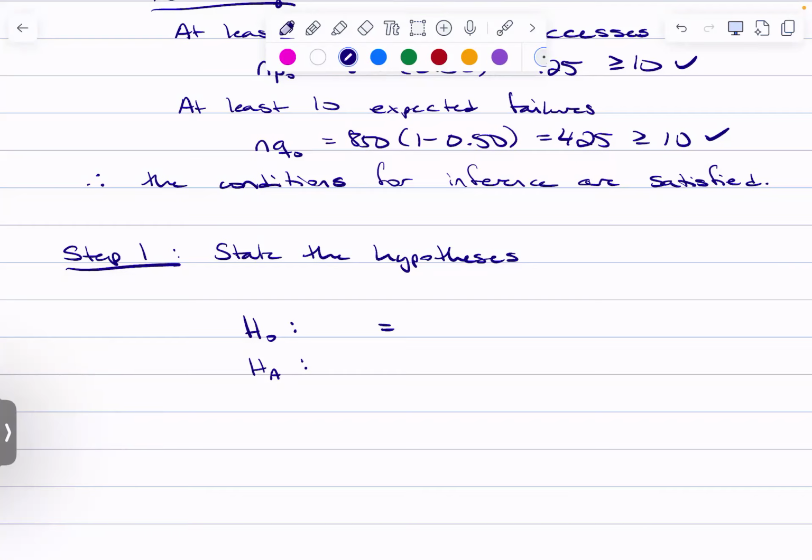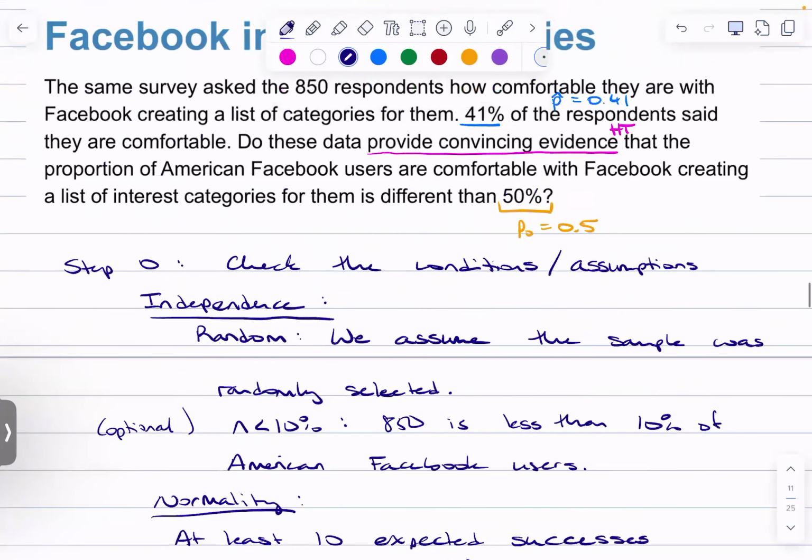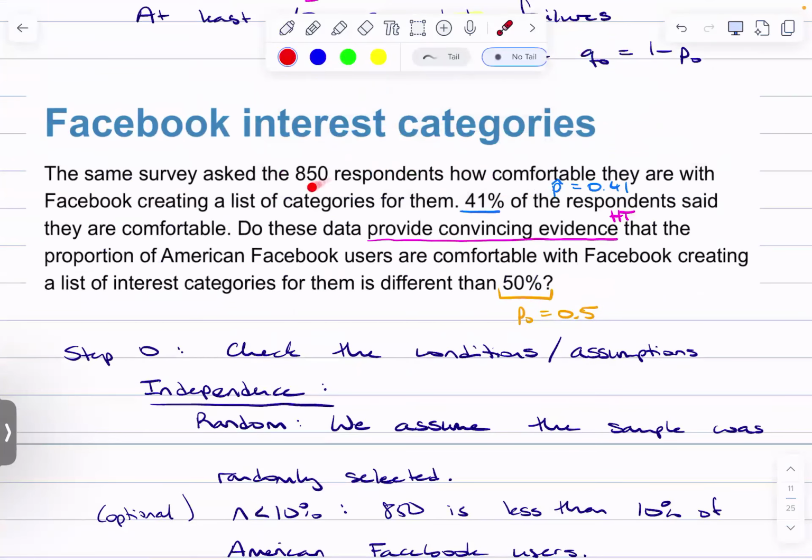And I have a sample proportion, right? And in this question, when I read it, I have one sample of 850 respondents, and I have one sample proportion from this sample, telling me that this is a one sample proportion type of question. And as we grow, we'll introduce different types of questions, but for now, we only have the one sample proportion.